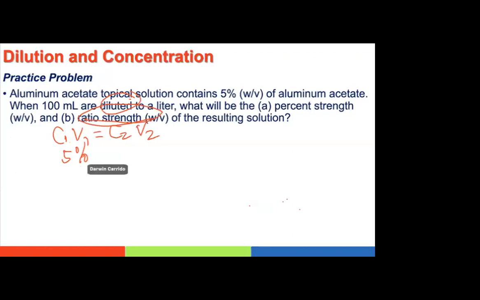Ang technique dyan, pwede nyo i-percent as is or 0.5. Yan nga lang, baka magkamali kayo sa calculator kasi kapag 5, tapos nilagay mo pa percent, nagkakamali yung final answer mo. Kung 5% ang gagamitin mo, huwag nang ilagay yung percent. Ilagay lang 5. Gets? Or i-decimal nyo siya, 0.05. Tama ba? Okay. What is the initial volume? 100 ml.